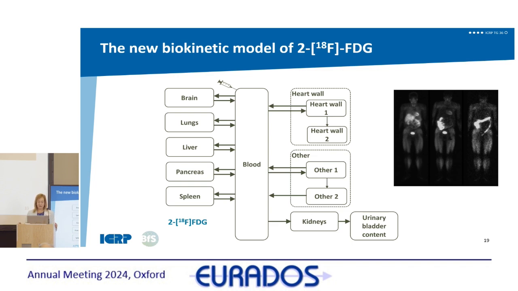The new models, which are systemic models, have the blood compartment, which allows the interaction of substances from one compartment to the other, and they also describe the excretion in a physiological way.